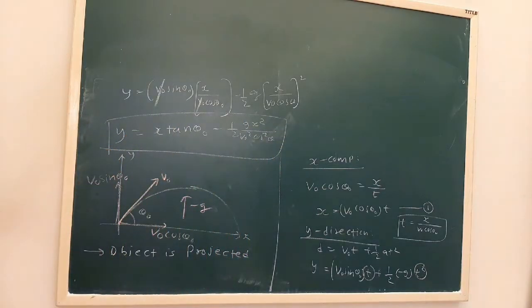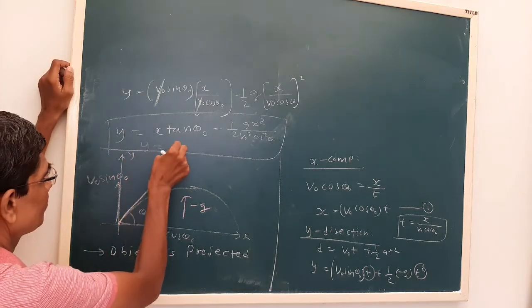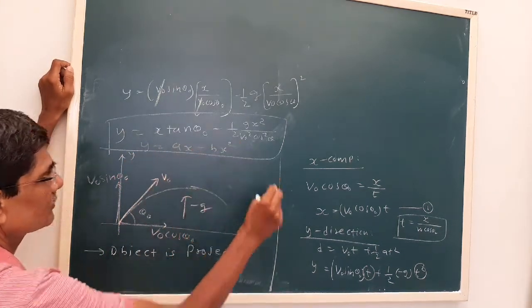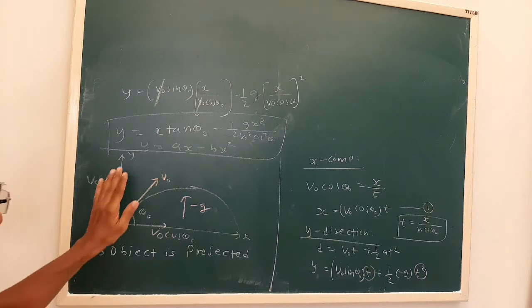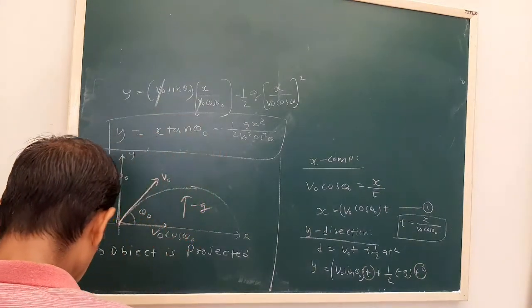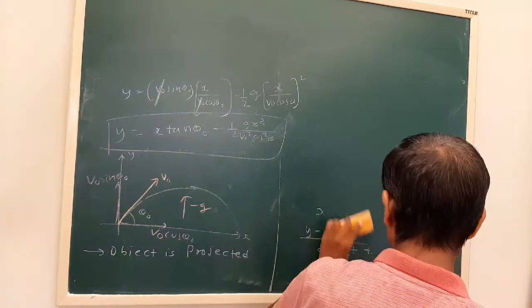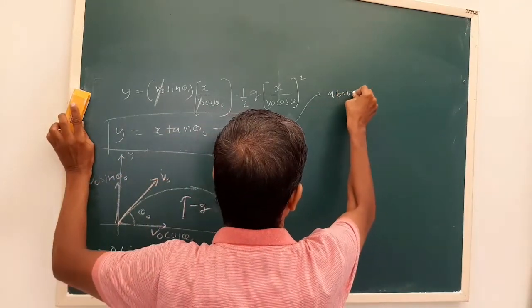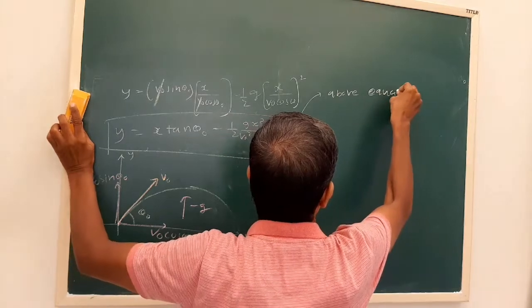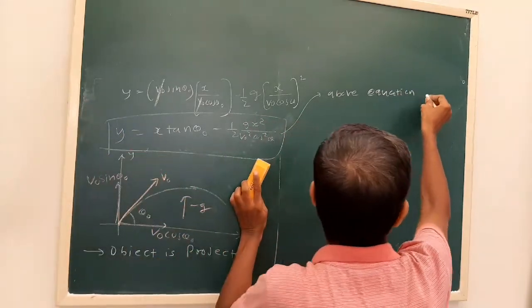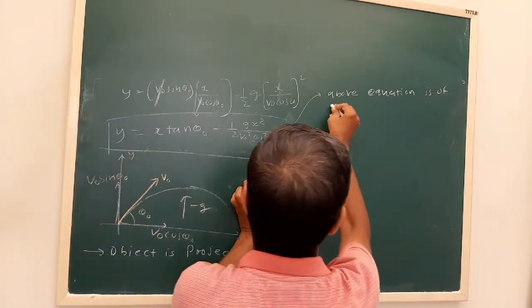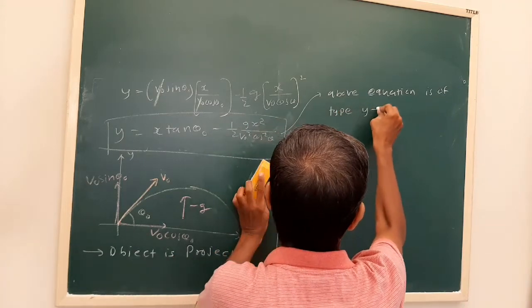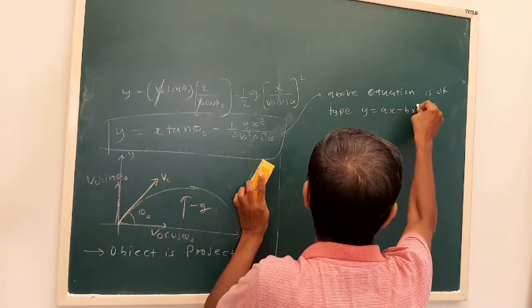Now see, as I told, it is ax minus bx square. Okay, so we can write like this. See the above equation is of type y is equal to ax minus bx square.